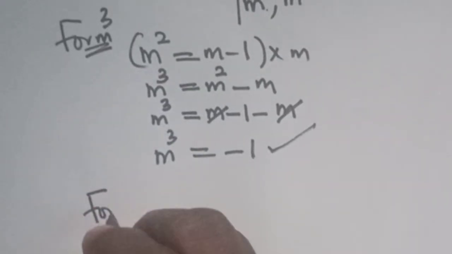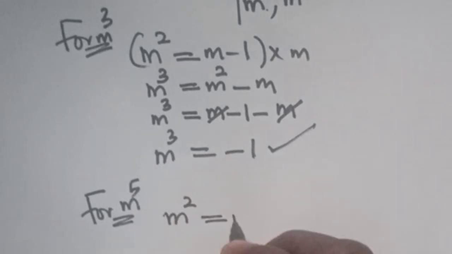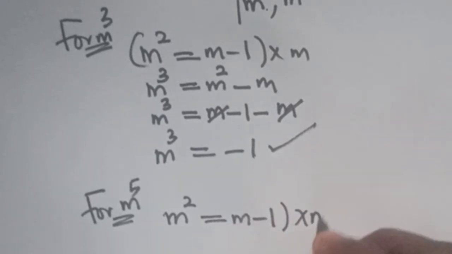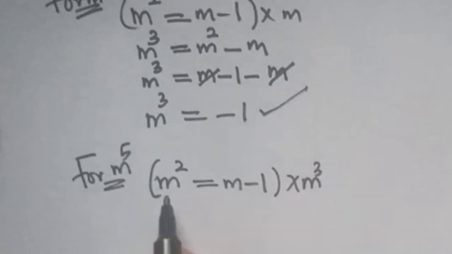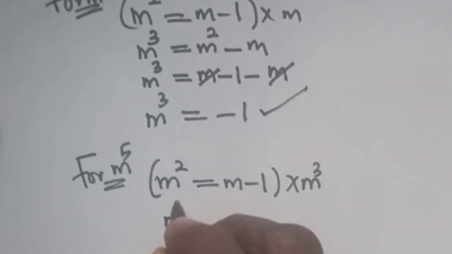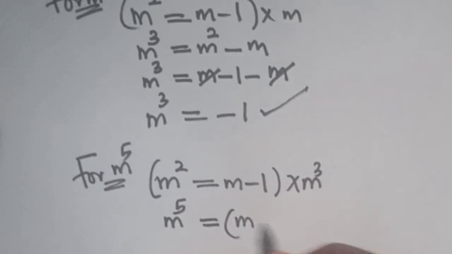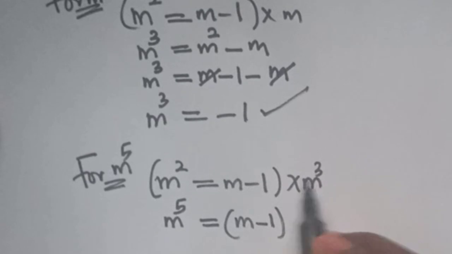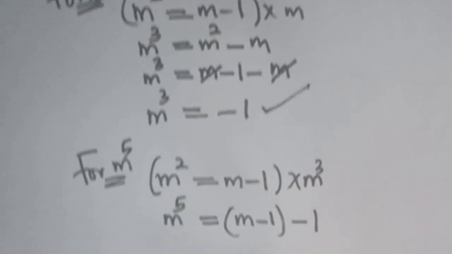Again, for m to the power of 5, our equation is m to the power of 2 equals m minus 1. We can multiply this by m to the power of 3, so that m to the power of 3 times m to the power of 2 will equal m to the power of 5, which is equal to m minus 1 times m to the power of 3, and m to the power of 3 is equal to minus 1.